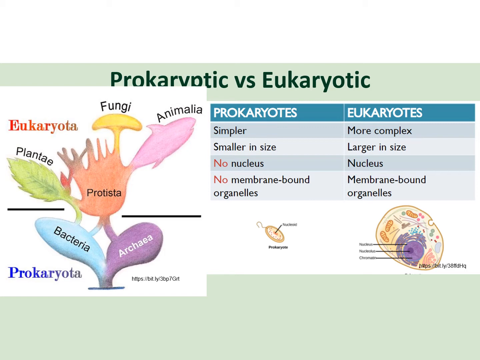The cells are simpler, smaller in size, and do not contain a membrane-bound nucleus, meaning their chromosomal DNA is not surrounded by a membrane, which is free in the cytoplasm, called a nucleoid. These organisms do not have membrane-bound organelles, whereas the other kingdoms are all composed of eukaryotic cells.